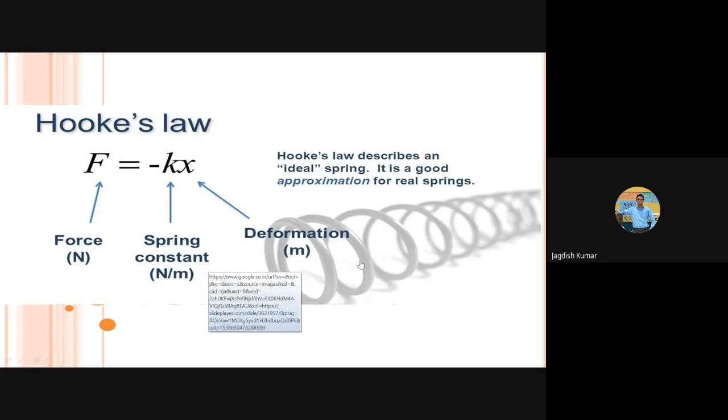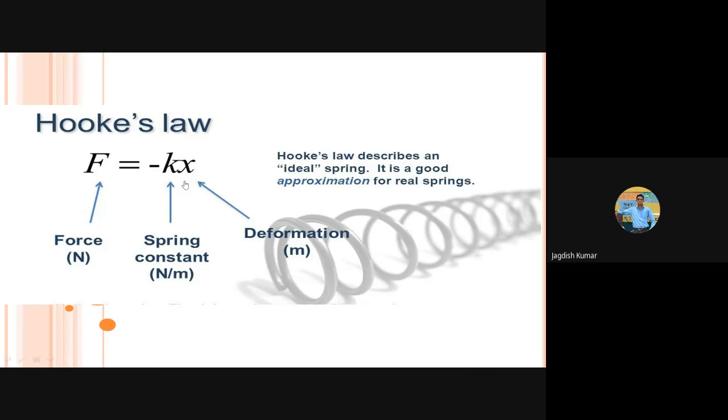If you have a spring, let's first talk in the context of a spring. If you try to apply some force on a spring, what will happen? That spring will have a tendency to come back to its original position. When it is deformed from its original or equilibrium position, there will be a restoring force acting on the spring, which will try to bring it back to its equilibrium position.